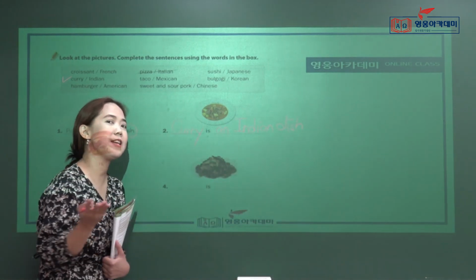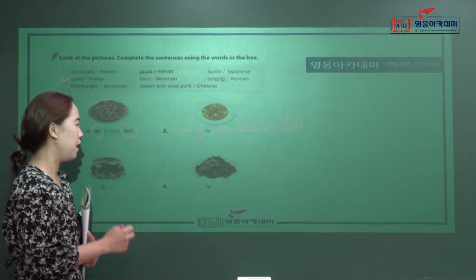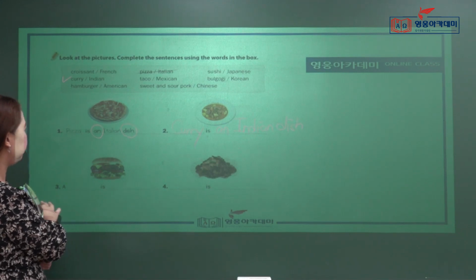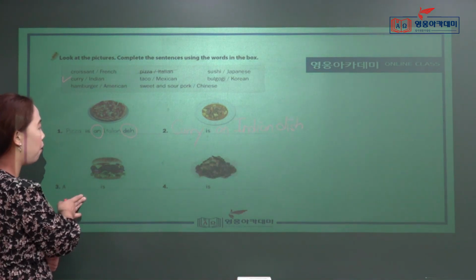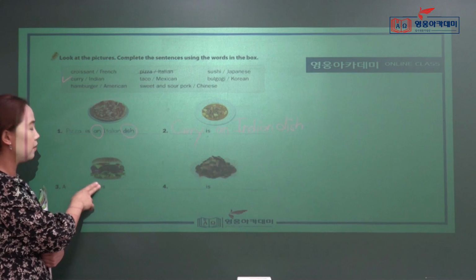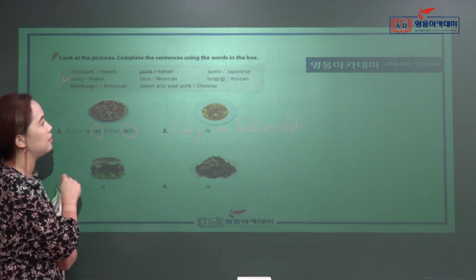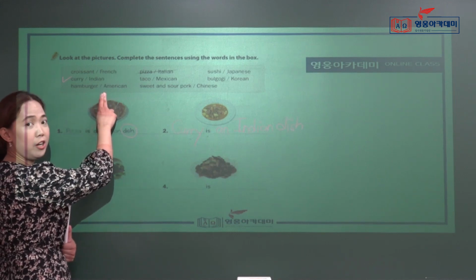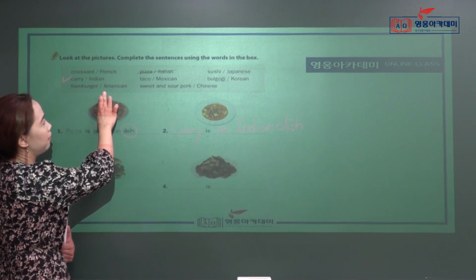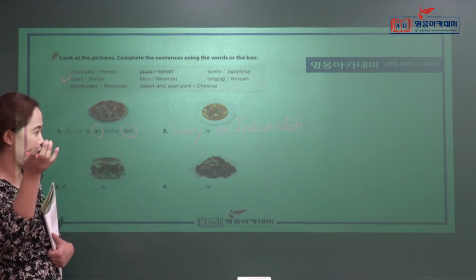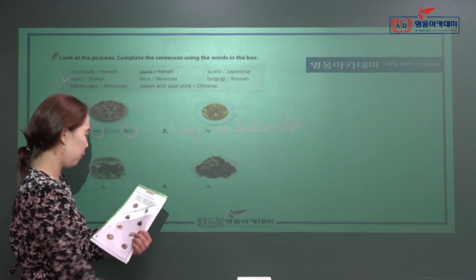That is right. Same here for number 3. What is this? A hamburger is, because American also starts with a vowel, an American dish. That's right. What about here for number 4?